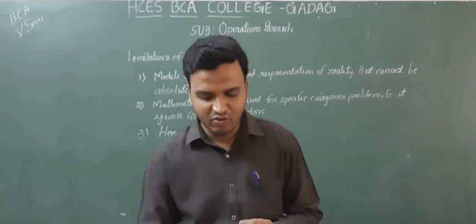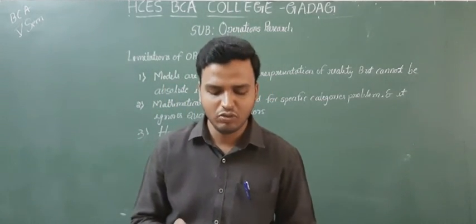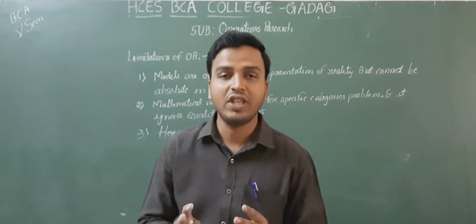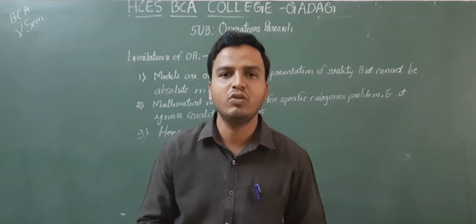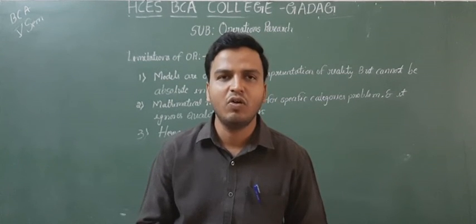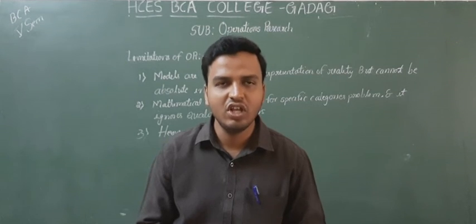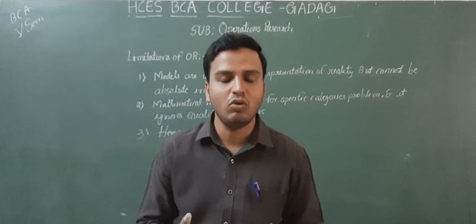The second one is, it allows modification of the mathematical solution. Before we present to the management, if management wants to modify that solution, it is very easy to modify those solutions.